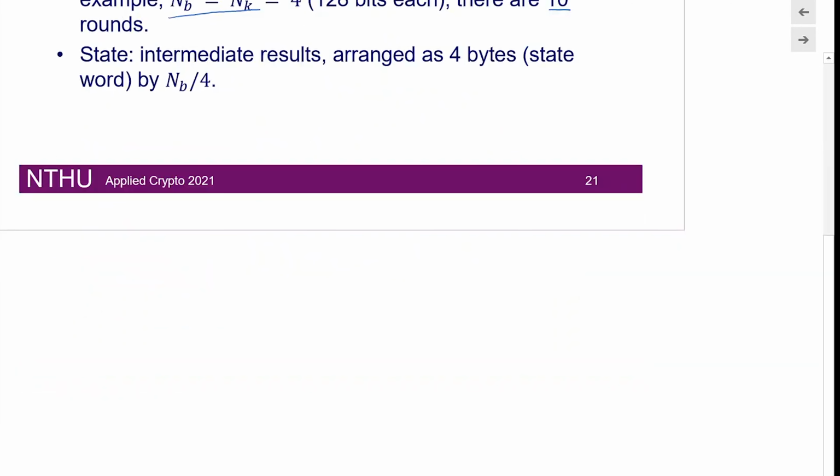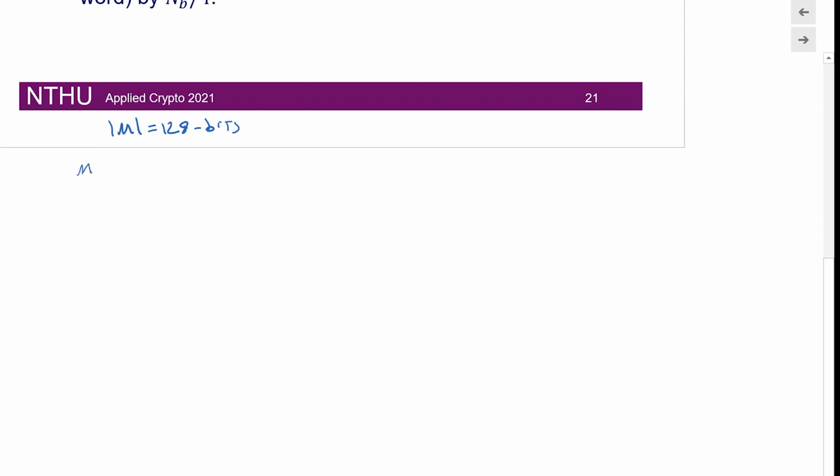The way that we would generate the state is as follows. Suppose my message space is 128 bits. When I choose a message M, as I said, we are working on bytes, so the smallest thing that I have is a byte.